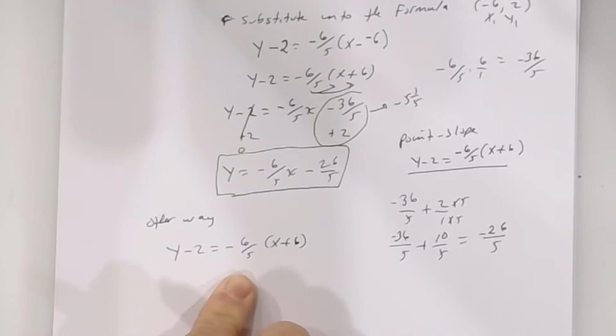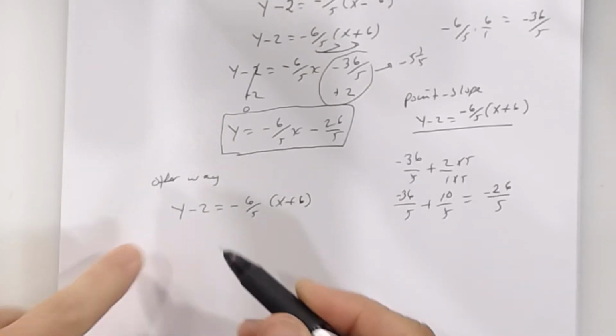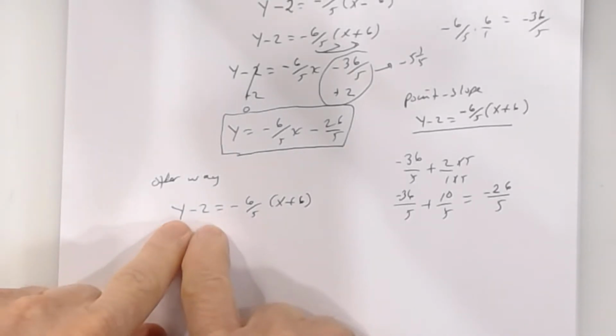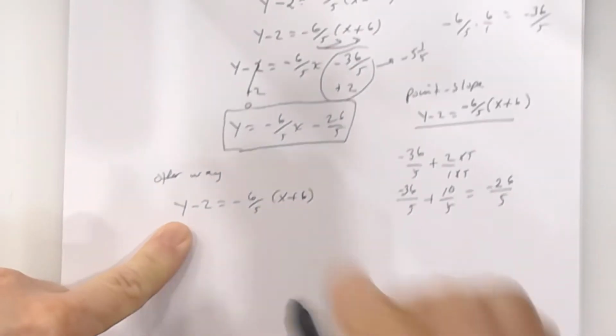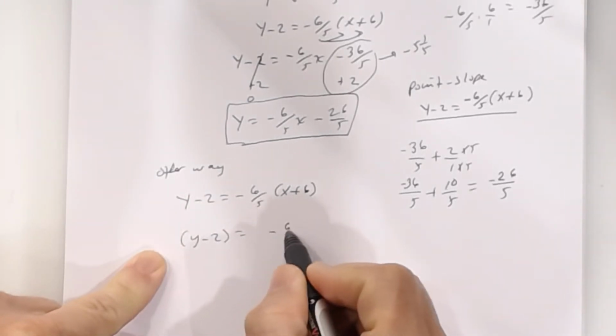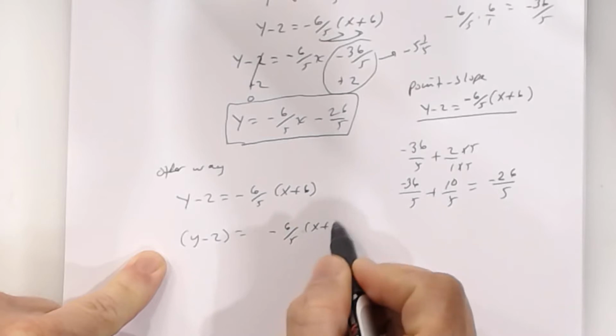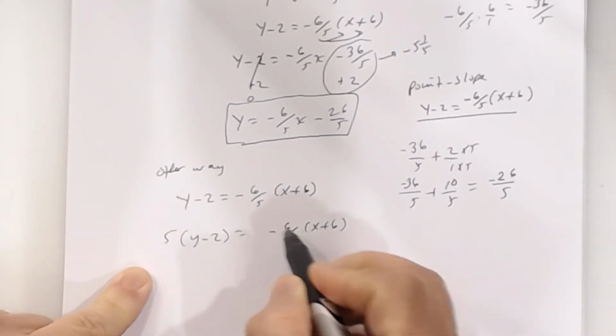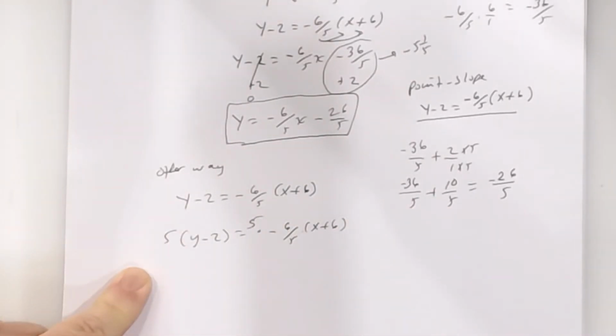That's going to be on test 2, right? Equation with fractions? Okay. What is the LCD? 5. So then if you remember what we did was, since this was more than one term, we put that in parentheses. So you say y minus 2 equals negative 6/5 times x plus 6. So I'm going to multiply this by 5, and I have to do what? Multiply that by 5.